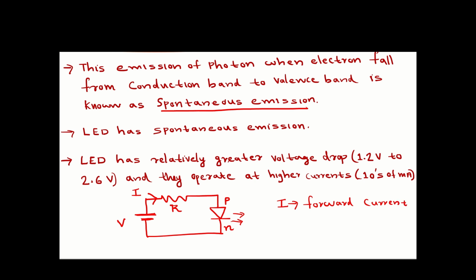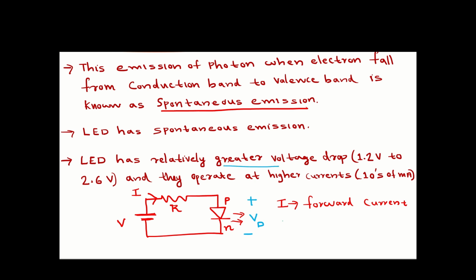Then there is a voltage drop. When the diode is in forward bias, a voltage is developed across the diode. This is indicated by Vd. For an ideal diode, this voltage drop is 0, but practically an LED has a greater voltage drop, 1.2 volt to 2.6 volt. Why am I saying that it is a greater voltage drop?